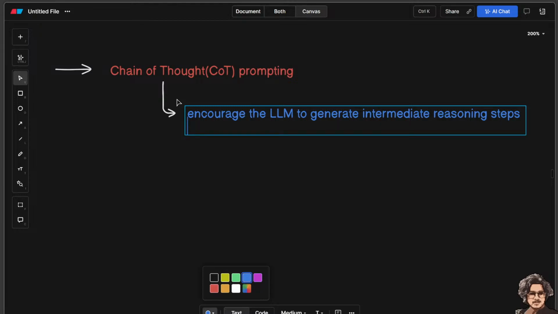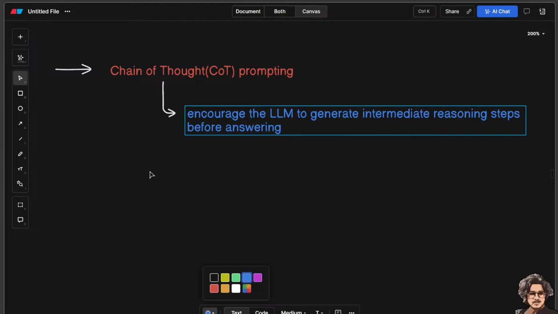So chain of thought means that it encourages the LLM to generate intermediate reasoning steps before answering, and it helps to improve reasoning tasks like math and logic, by making the process more interpretable and accurate. So chain of thought helps the LLM improve on reasoning tasks.